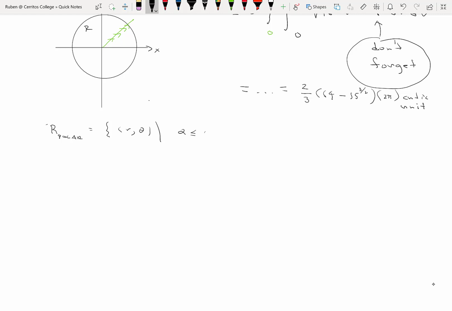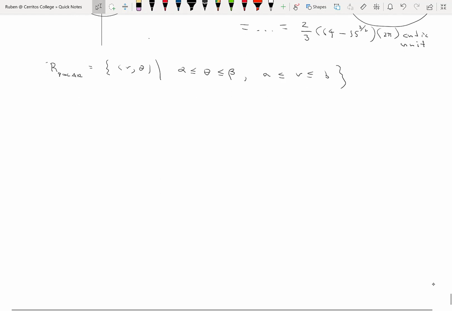Theta varied between alpha and beta. I think I had r varying first in the set, and r varied between two constants a and b. And what that got us was a region that looked like this in the xy plane.